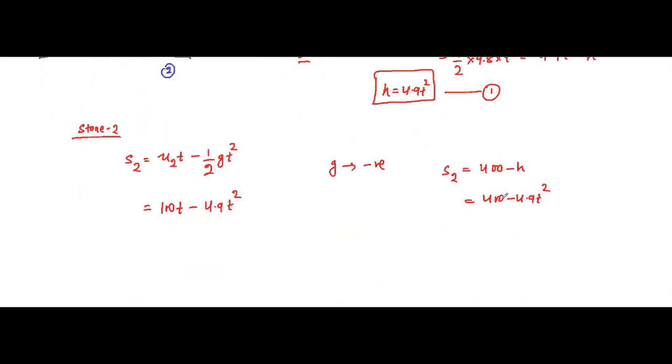So 400 minus 4.9 t square is equal to 100t minus 4.9 t square. The 4.9 t square cancels from both sides, and we are left with 100t equal to 400.